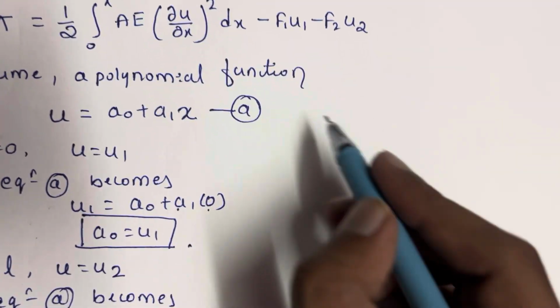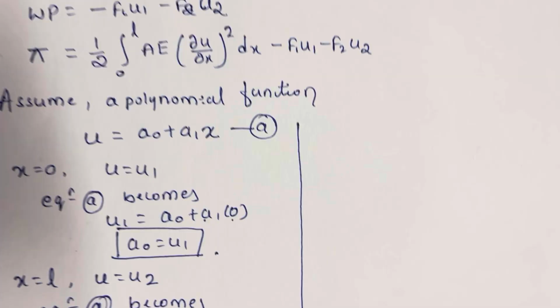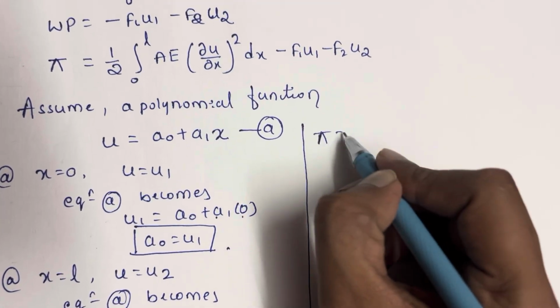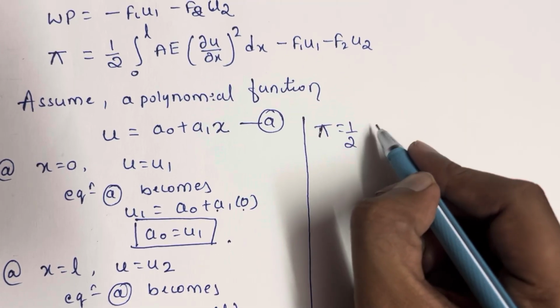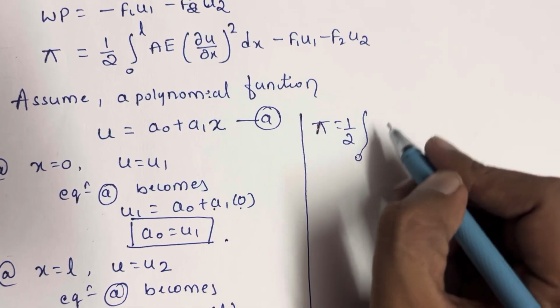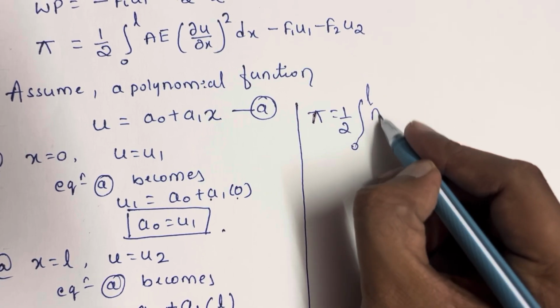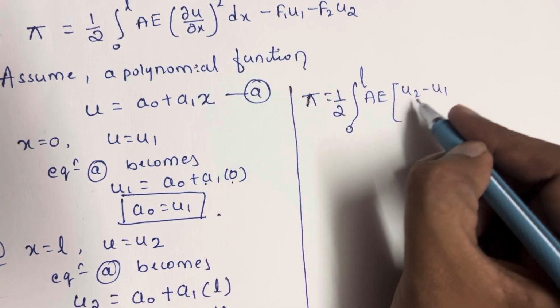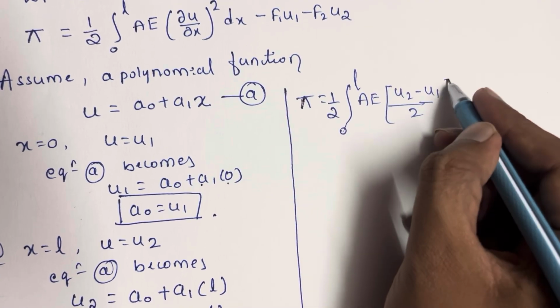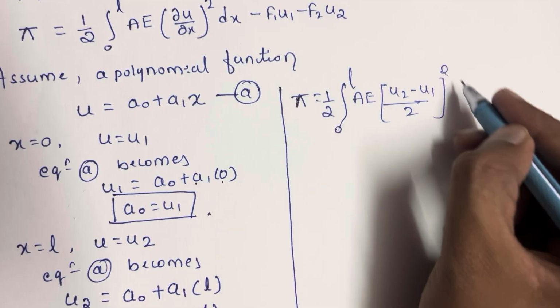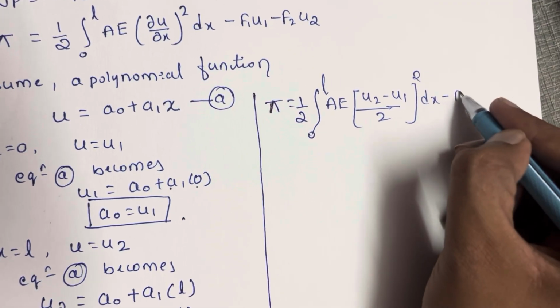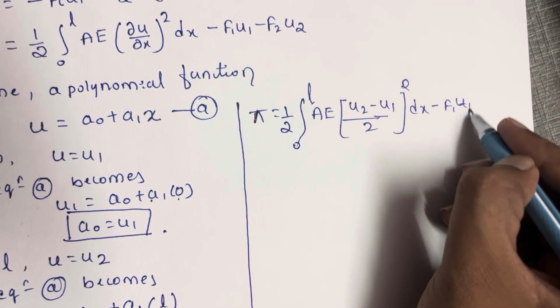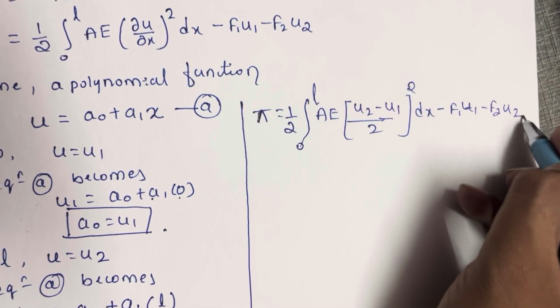Okay, so I will write it here. Π as it is, half as it is, integral from 0 to L of AE times ((u2 minus u1) divided by L) whole squared, dx, minus f1 u1 minus f2 u2.